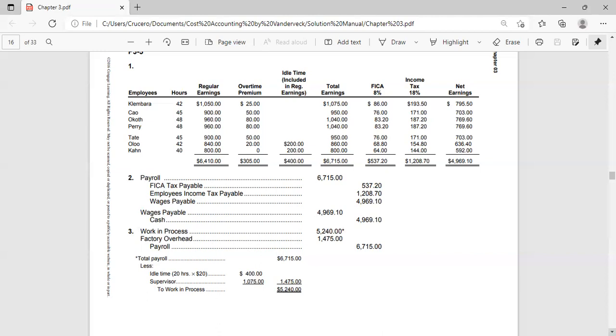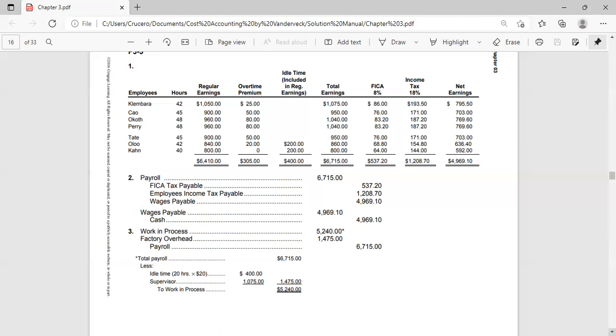So for the number of hours which we are given in column 1, we just copy the number of hours: 42, 45, 48, 48, 45, 42, and 40. And now we have the regular earnings, multiplying our number of hours with the basic rate. We have the basic rate equal to 20 per hour, while Klimbara is paid $25 an hour.